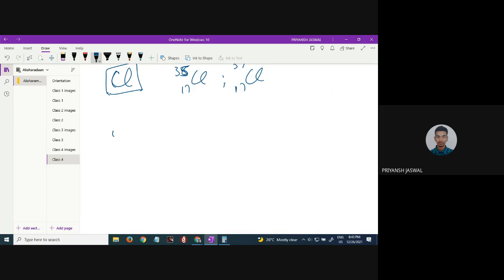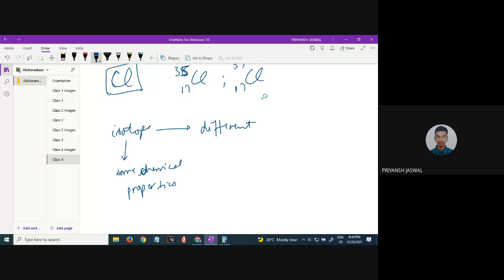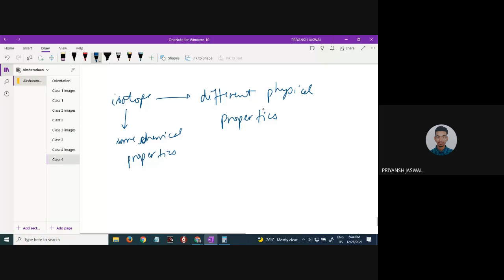And each isotope has the same chemical properties but different physical properties. Why is it so? Because isotopes have the same number of protons and naturally they would have the same number of electrons also.